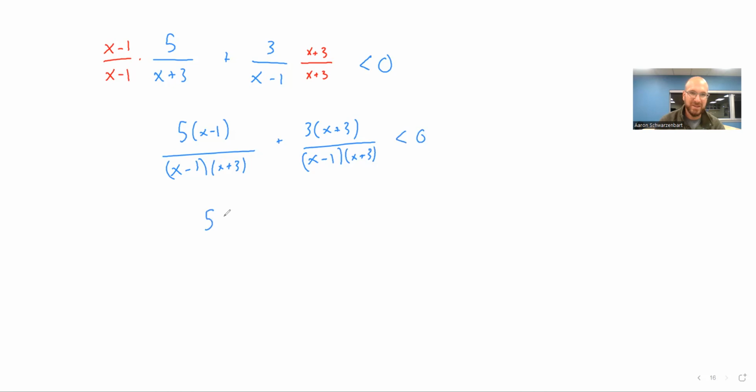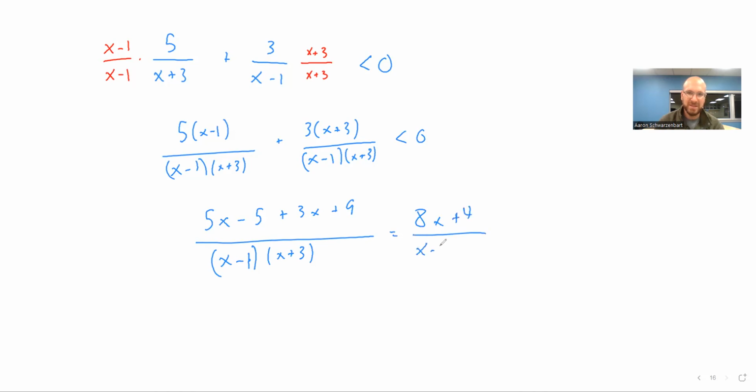Now I've got a common denominator, so I can combine my numerators. 5x minus 5 plus 3x plus 9. Eight x plus 4 over x minus 1, x plus 3.